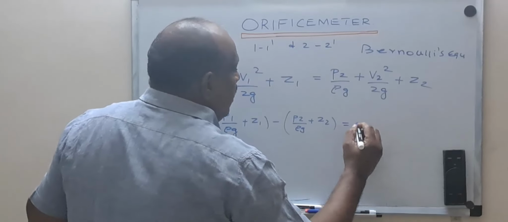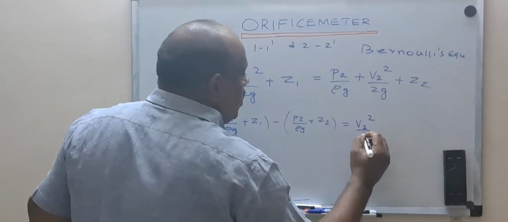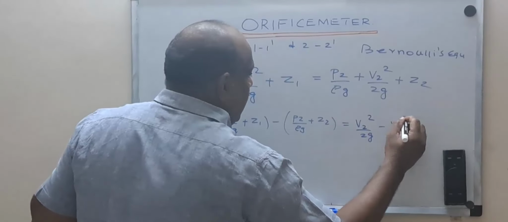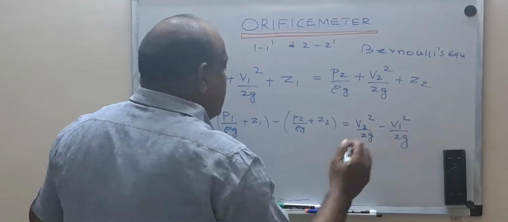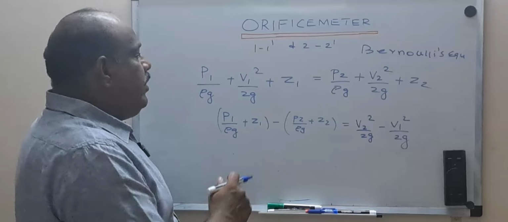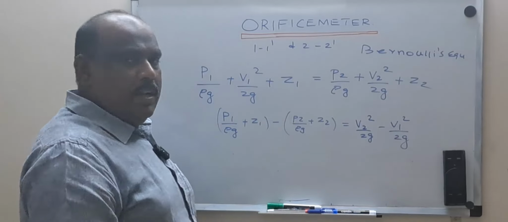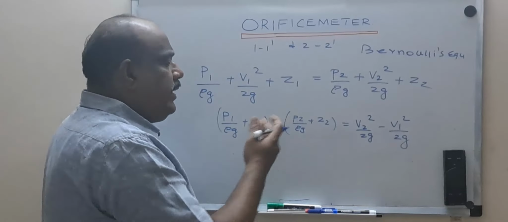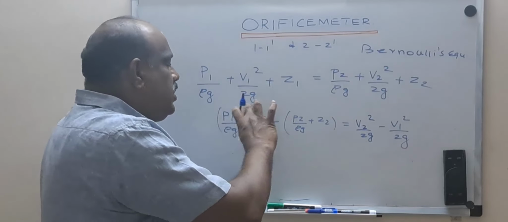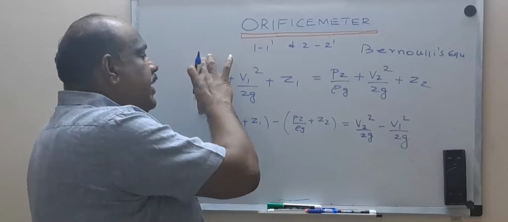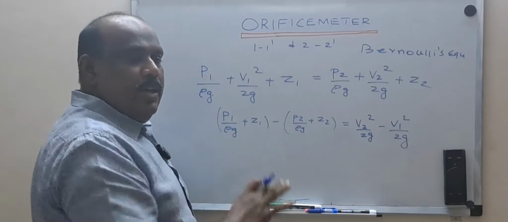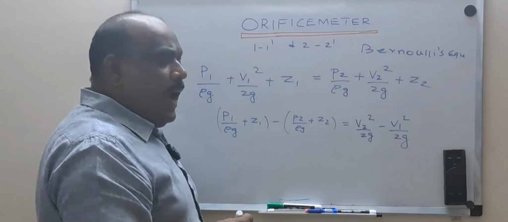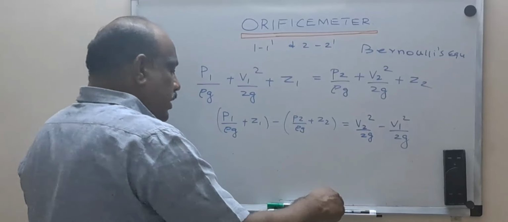It will be equal to V2 squared by 2g minus V1 squared by 2g. In the last section when deriving the Venturimeter, we assumed Z1 equal to Z2. Here also we can assume Z1 equal to Z2. But even if Z1 is there, we can add it, because the units of P1 by rho g and Z1 are the same. This is head, this is also head, so all the units are the same. I can add them up. Nothing wrong in that.